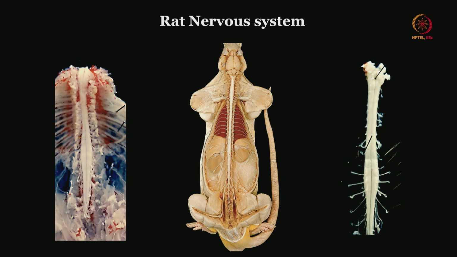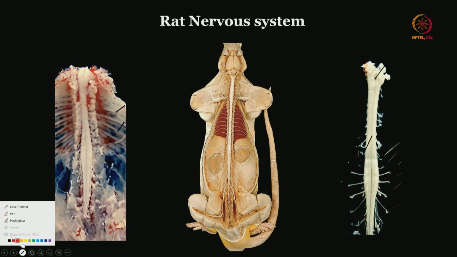Since we are dealing with this in different sections and sessions, you should get a bigger picture as to where the spinal cord comes and how it is related with the brain and how it conveys the information to the various parts of the body. That's very important to understand.